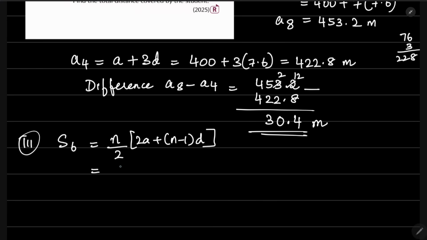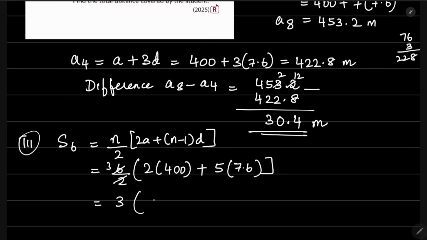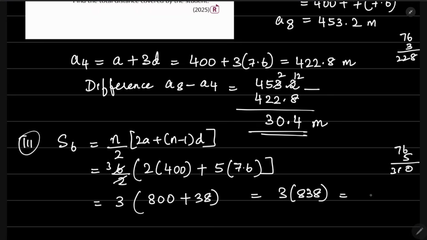So here n is 6, so 6 by 2 multiplied by 2 into a, which is 400, plus n minus 1, which is 5, into d, which is 7.6 meters. So let's calculate. It's 3 multiplied by 800 plus 7.6 into 5, which is 38. So it's 3 multiplied by 838.